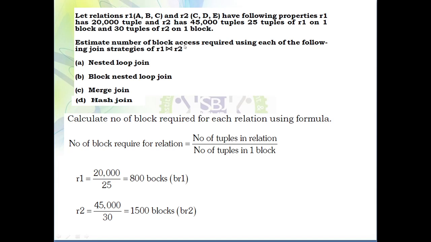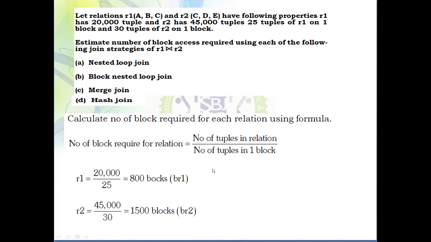In this numerical it is already given how many tuples there are in relation R1, 20,000, and the capacity of one block for R1, 25 tuples. So 20,000 divided by 25 gives 800 blocks. That means relation R1 is stored on secondary memory in 800 blocks, because R1 consists of 20,000 tuples and each block has a capacity of 25 tuples. So to store R1 on the hard disk you require 800 blocks.